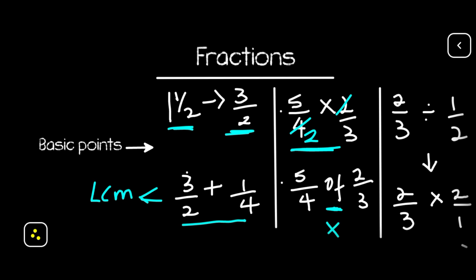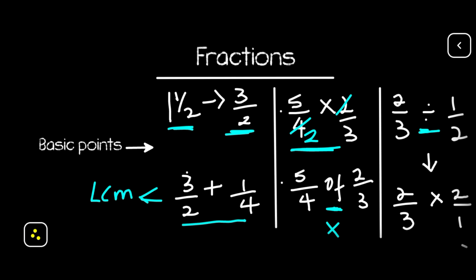Another important point is dividing between fractions. You can have the division sign between two fractions. It's important to note that when you have a division sign there, it changes to a multiplication sign for you to be able to complete the fraction.